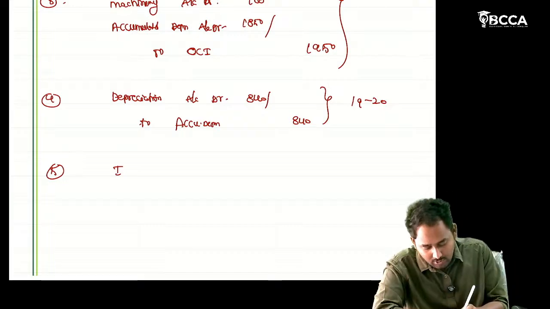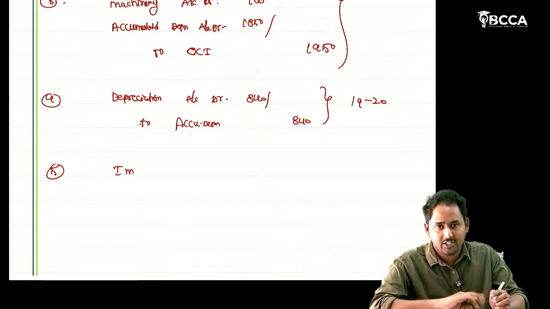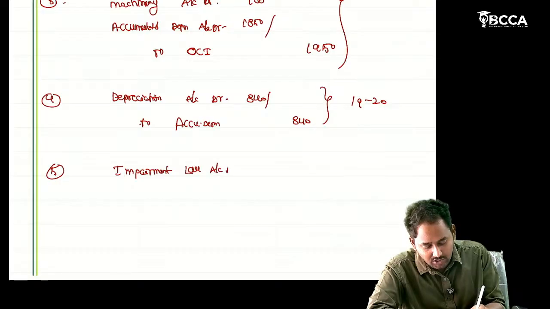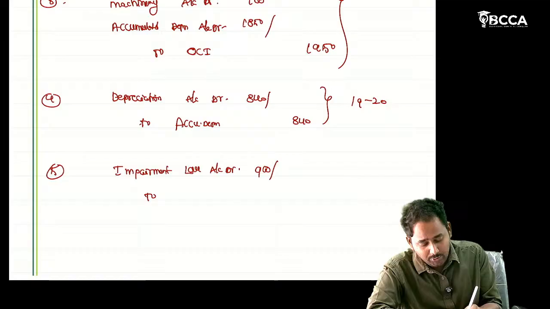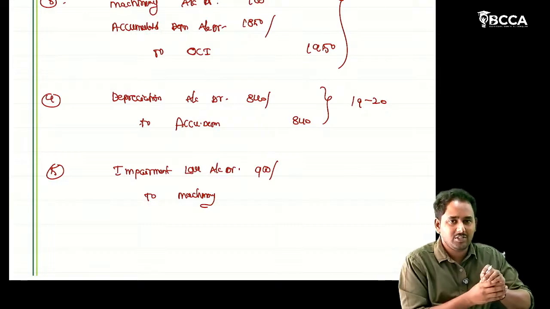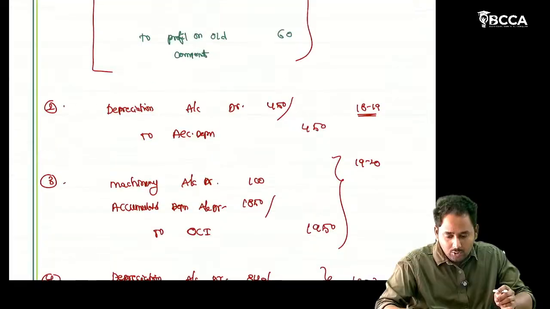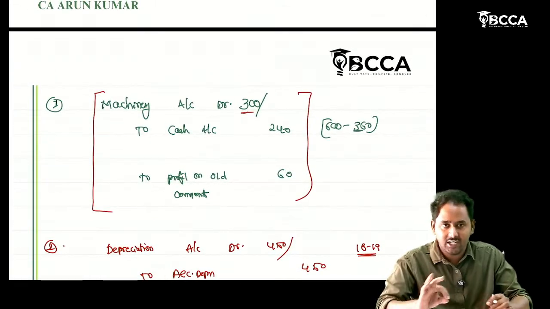It's okay. I'm passing the different journal entries, like I'm providing the detailed journal entry. Impairment loss account. What is the impairment loss? 900 to machinery account. So here I can directly write it as machinery, because machinery is always shown at gross carrying amount. For the first journal entry, I am considering the net carrying amount.